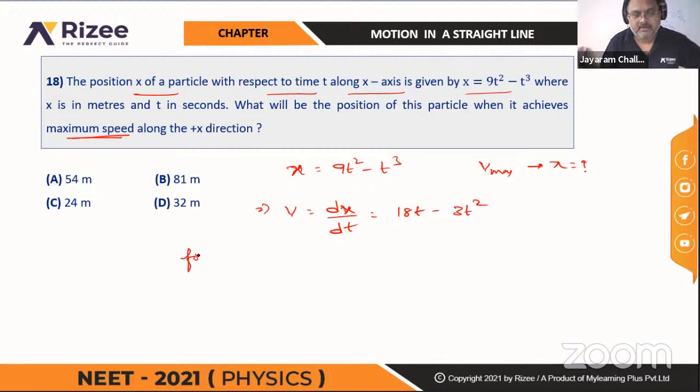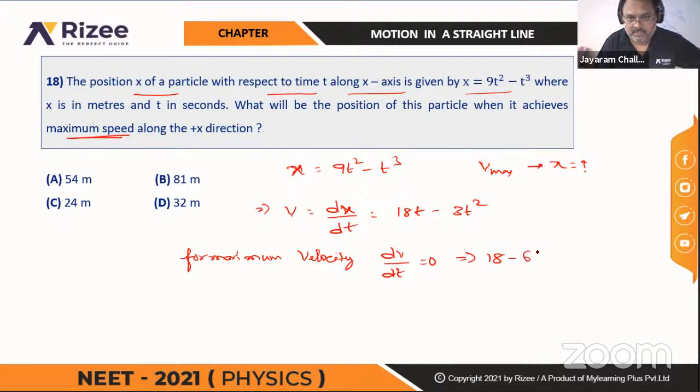For maximum velocity, the first differentiation of the velocity should be equal to 0. So that comes out to be 18 minus 6t is equal to 0, which means t is equal to 3 seconds.